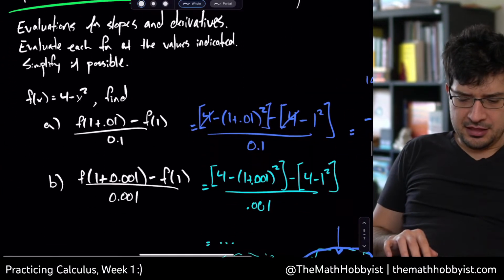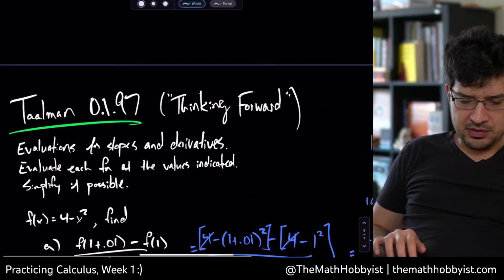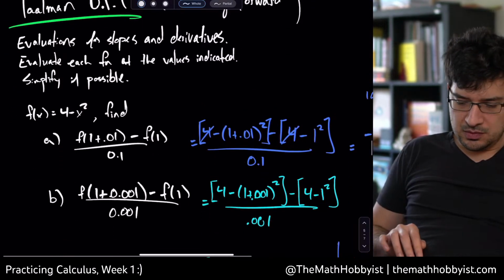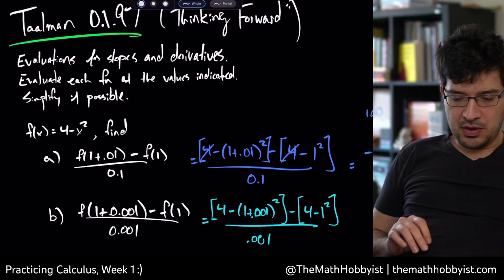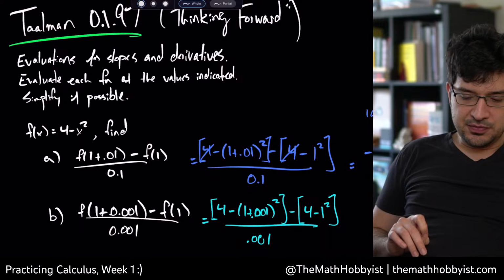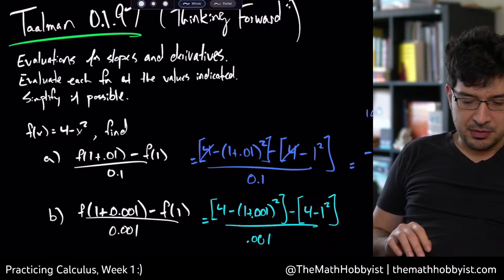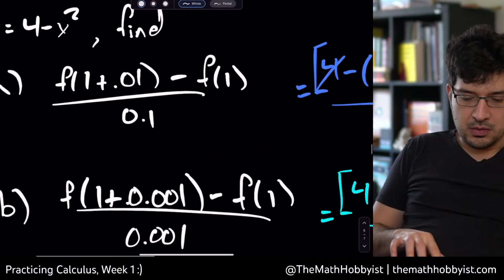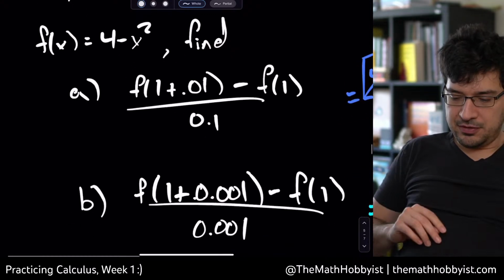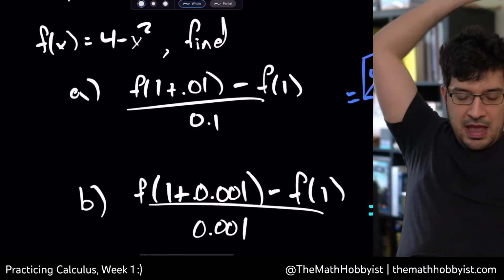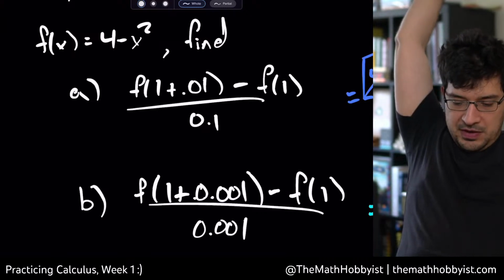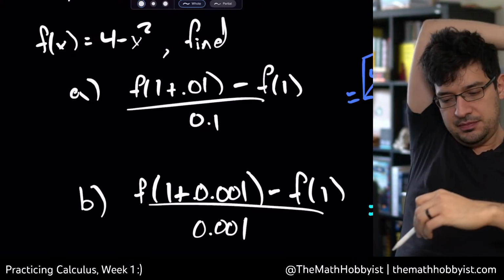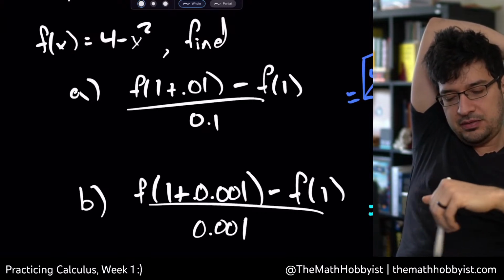The last problem that we did was Taalman 0197. Just don't look at the blue stuff if you don't want to see the answer. Evaluations for slopes and derivatives. Evaluate each function at the values indicated and simplify if possible. If f of x equals 4 minus x squared, first we're going to find this difference.